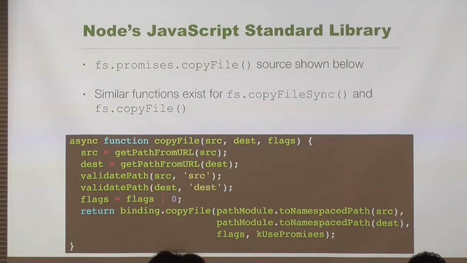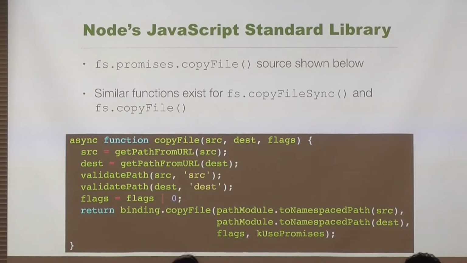So the code shown here is the promises-based code, because it is a little bit cleaner. It fits nicely on the slide where the other ones may not. There are similar functions inside of Node for callback and synchronous calls. Basically, all we're going to do is take the source and the destination, do some validation on them, so make sure that they're valid paths and things like that.